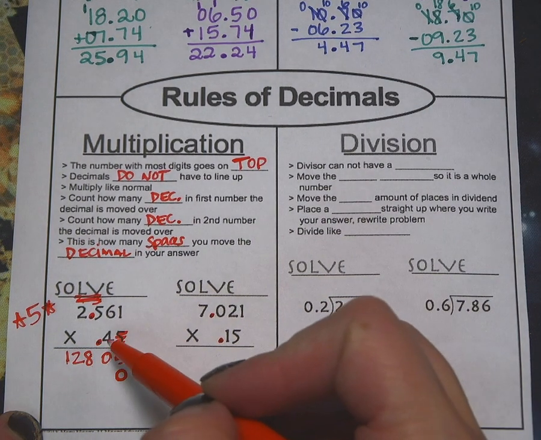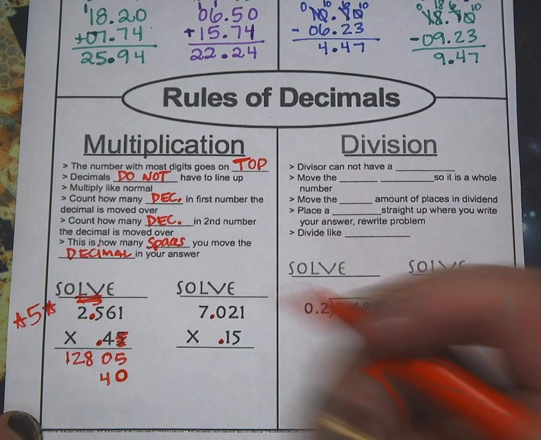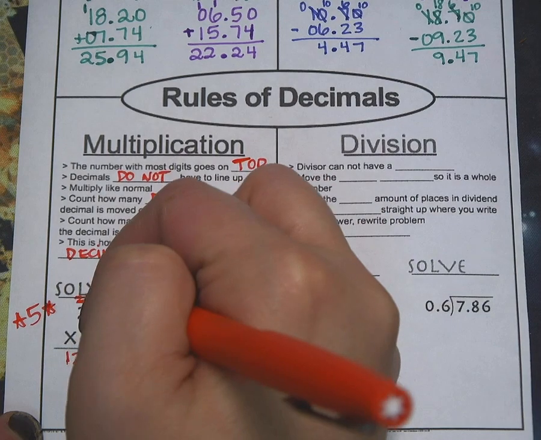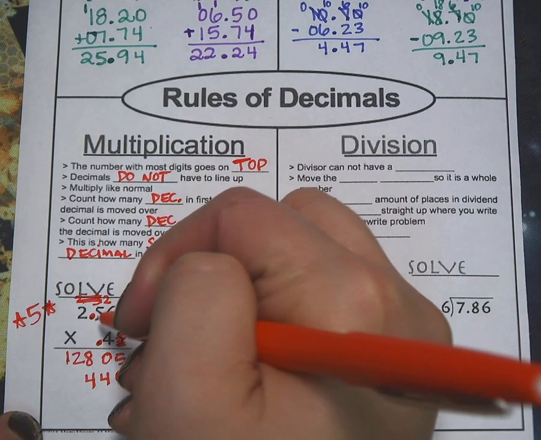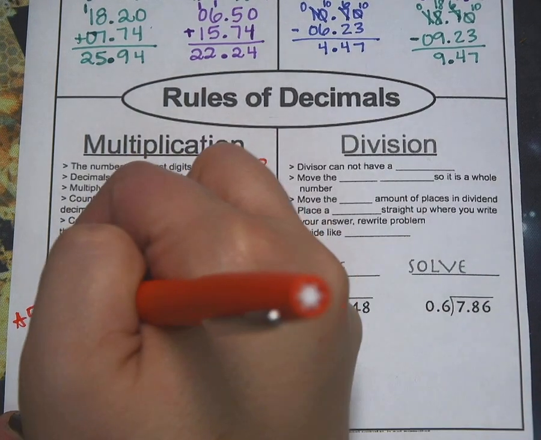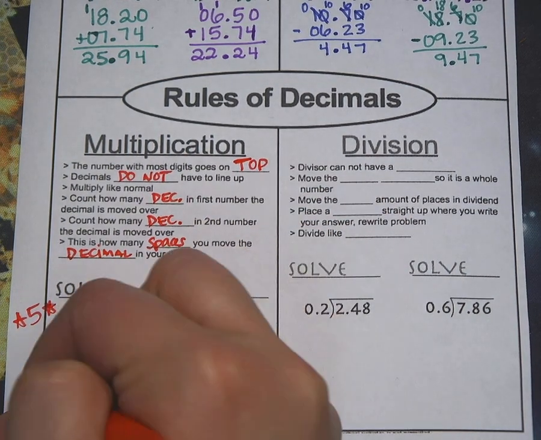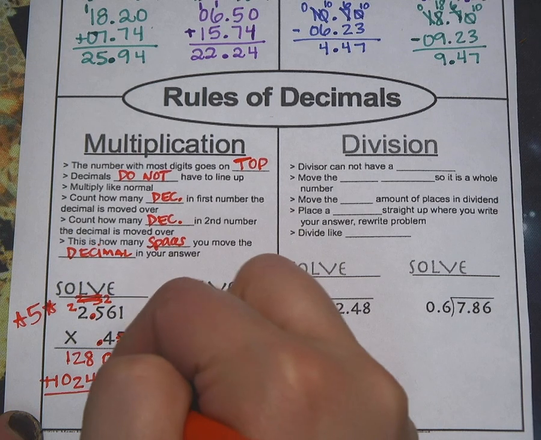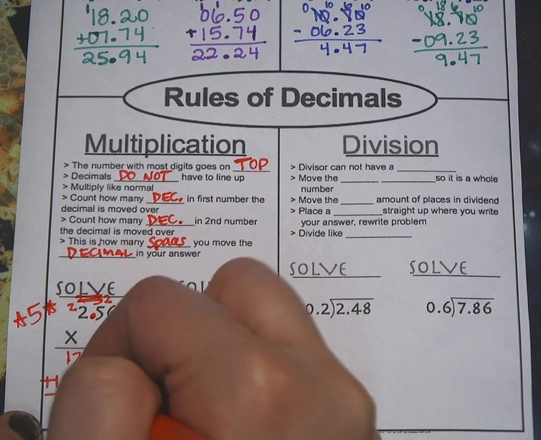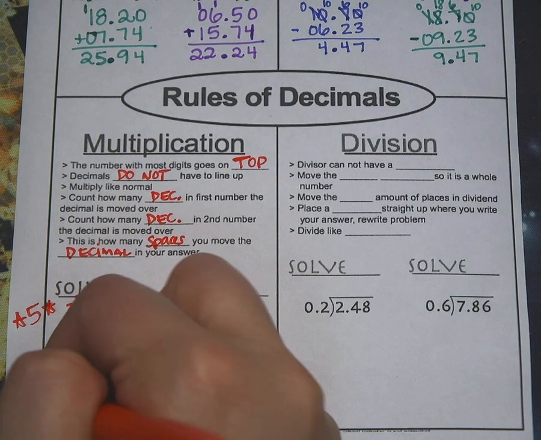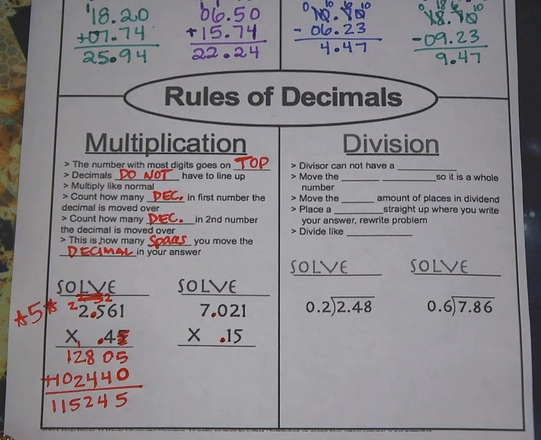And then I multiply out the 4. 4 times 1 is 4. 4 times 6 is 24. 4 times 5 is 20, plus 2 is 22. And 4 times 2 is 8, plus 2 is 10. So I add all those numbers together, and I end up with 115245.